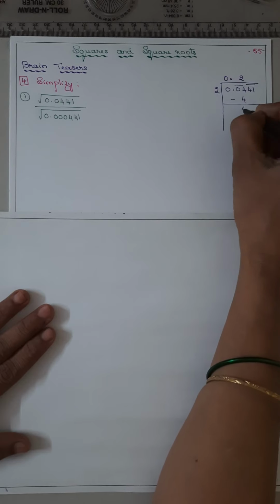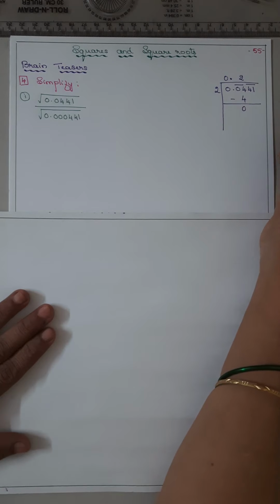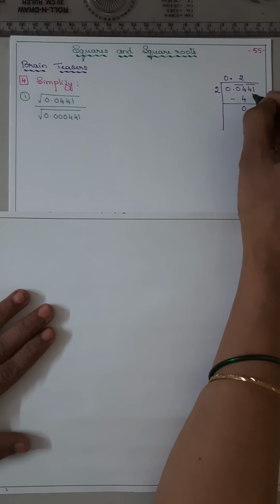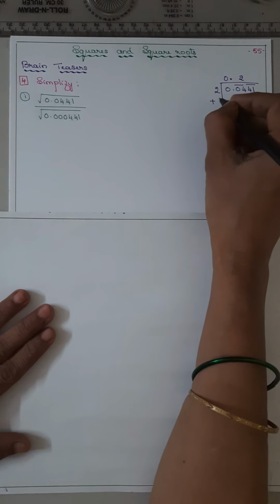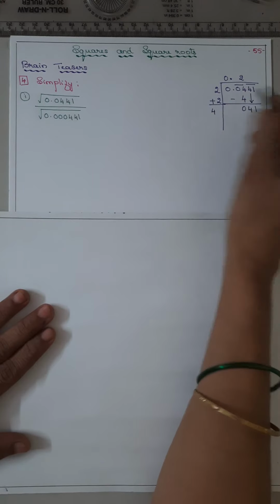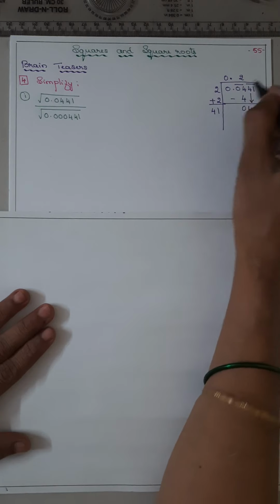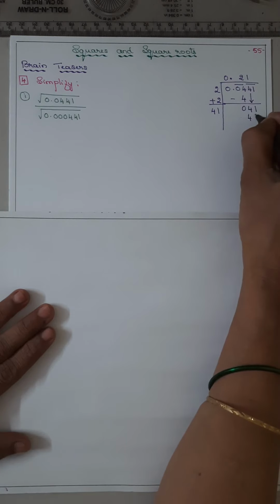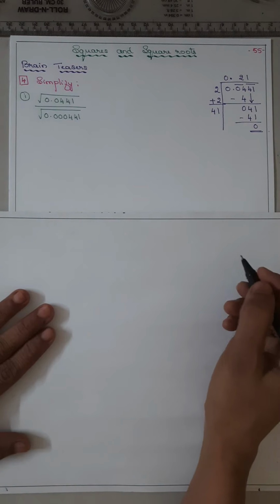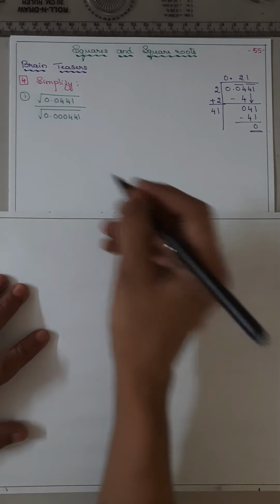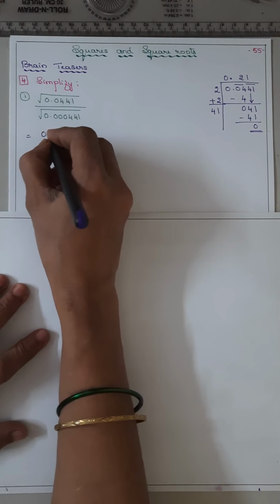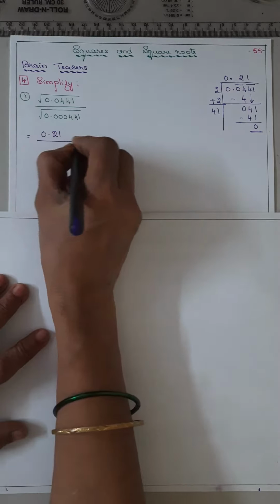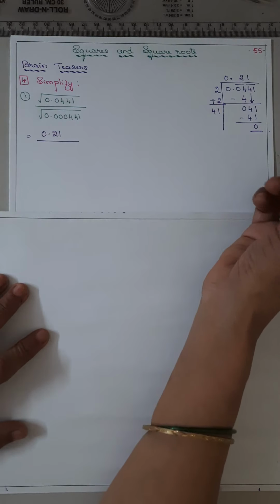When you subtract 4 minus 4, 0. Bring 41 down, add 2, it will be 4. So 4 1s are 41. So you got how much? 0.21. Yes or no?